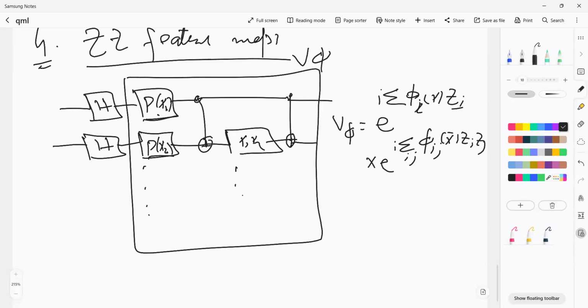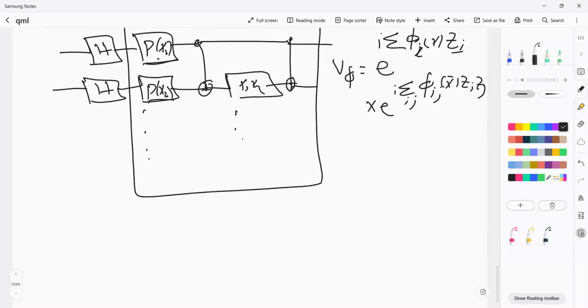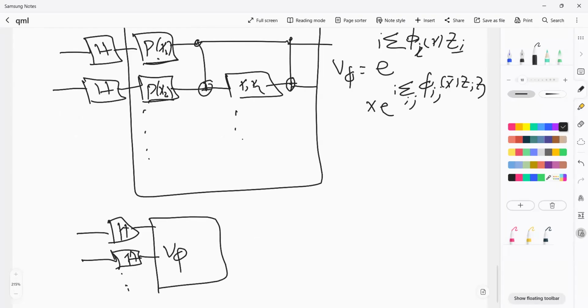So it's a map like this. If you want to find out what kind of kernel it is, you will have to implement this V phi of some x and then implement its dagger. Its dagger would be the dagger of this circuit.